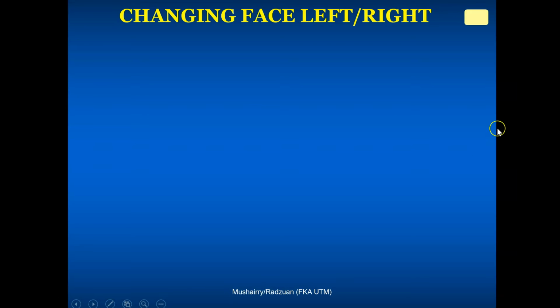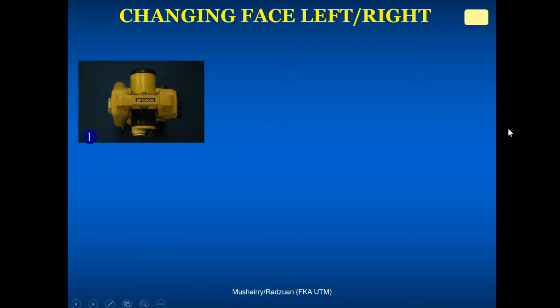I've got a picture of a theodolite, similar to a total station, in this case a Topcon theodolite. The axis that runs through the telescope at 90 degrees to the telescope is called the trunnion axis. This is the axis that the telescope can be rotated about. You rotate the telescope about the trunnion axis.